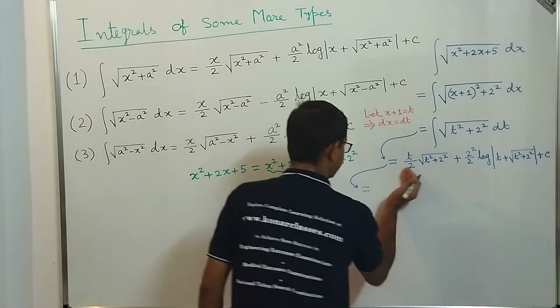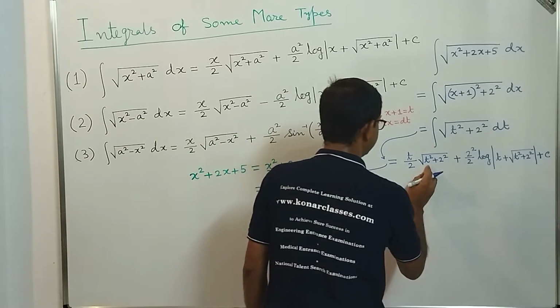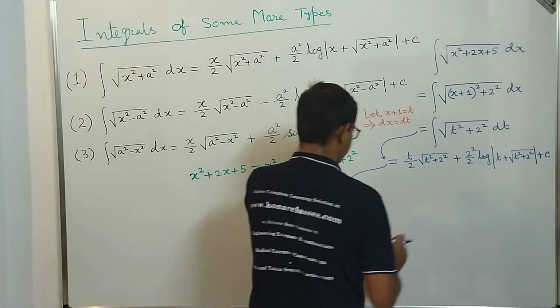I am writing a little to the left so that after applying the value of t equal to x plus 1, we have sufficient space here.